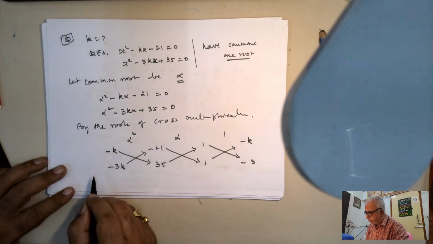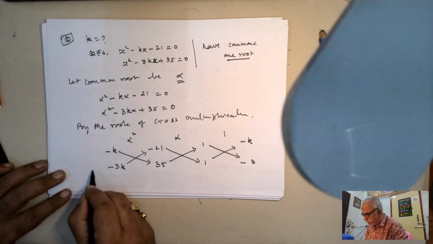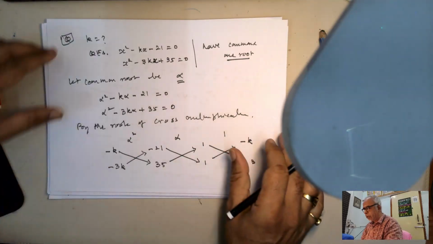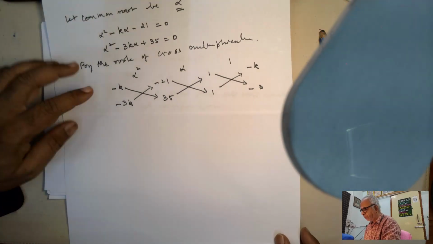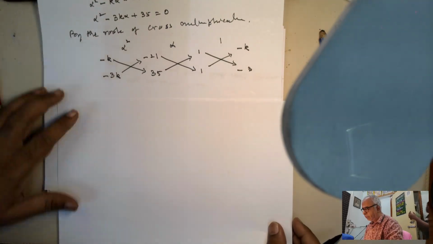Shall we write? This is alpha squared. Let me write in a separate page so that it will be comfortable for you.